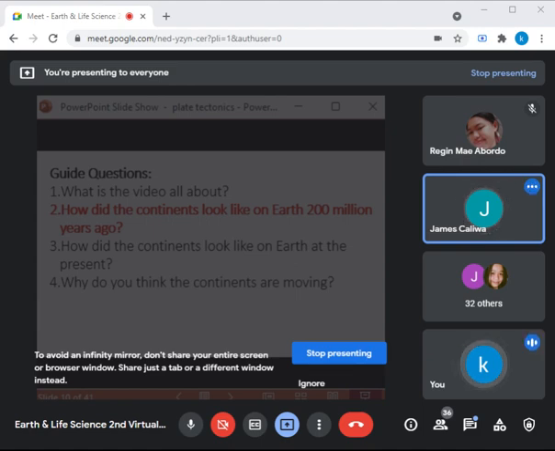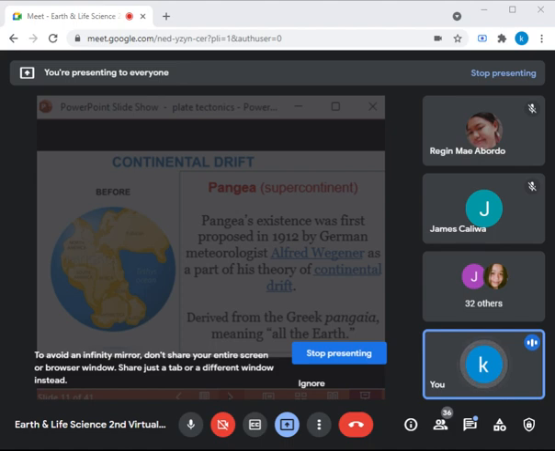It was still whole. Unsa may term gitawag nato anang supercontinent before? Christian. Kabugnason. Okay, very good. It was called a Pangea or a supercontinent.